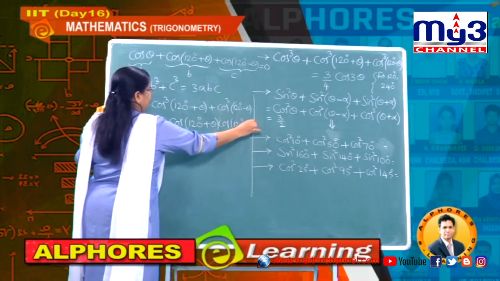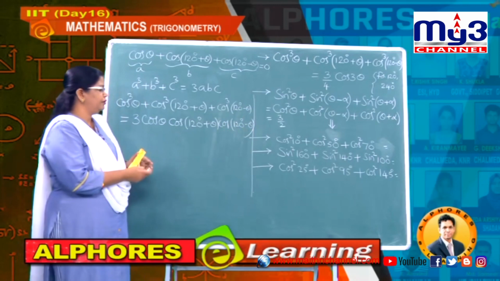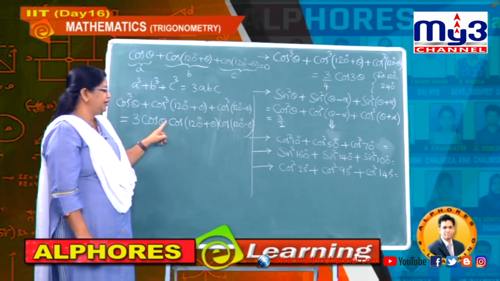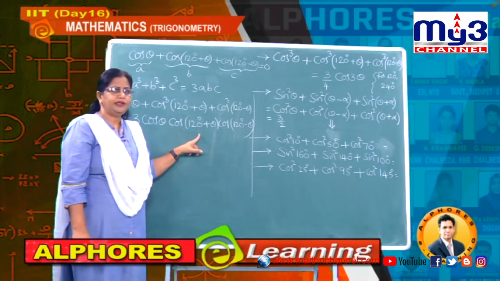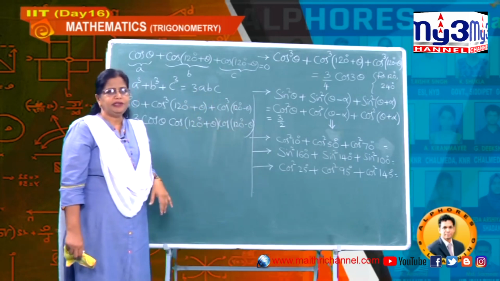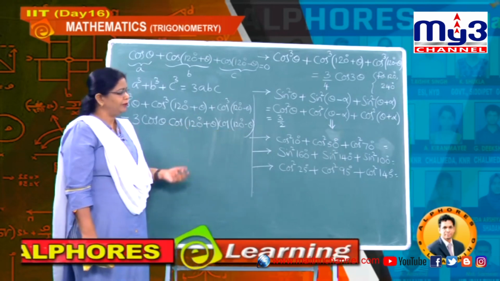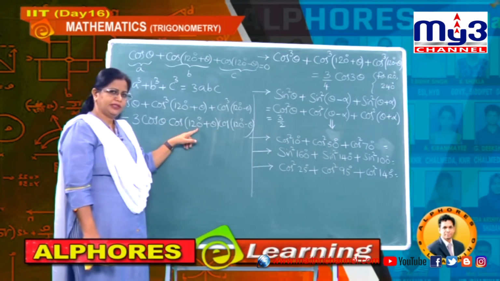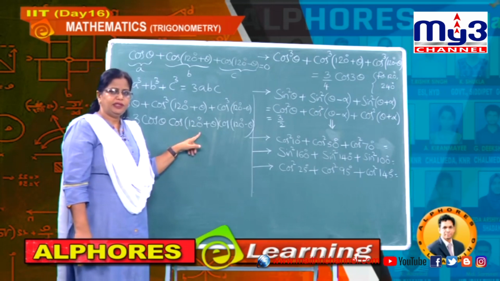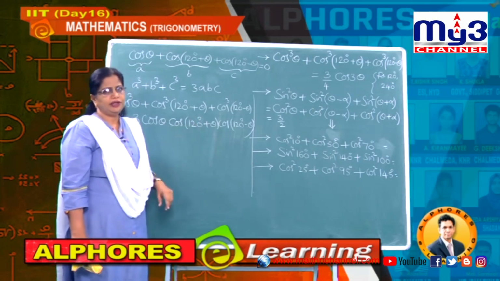Now yesterday we proved the value cos theta into cos of alpha plus theta into cos of alpha minus theta. What is the result? It is nothing but 1 by 4 cos 3 theta for alpha equal to 60 degrees, 120 degrees, 240 degrees, and also 300 degrees.